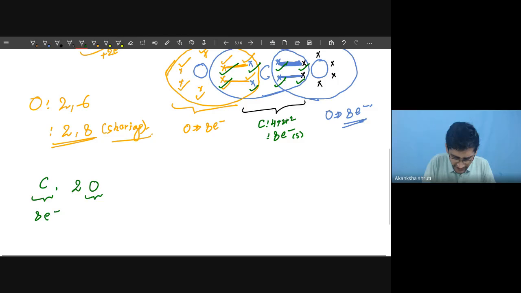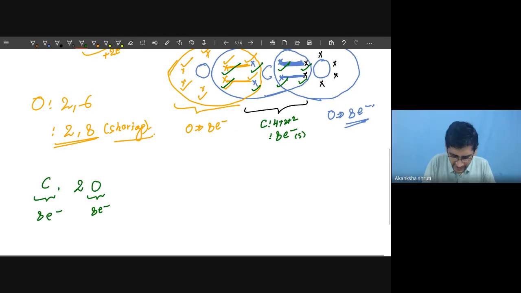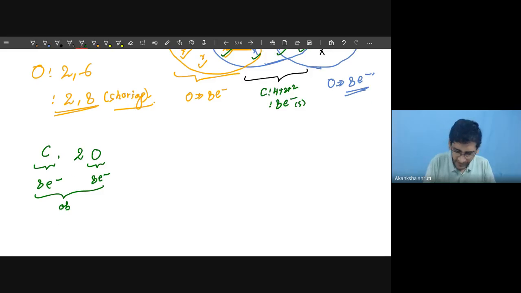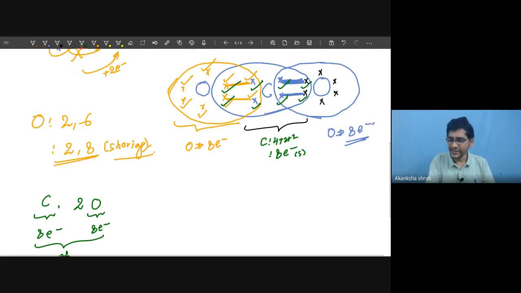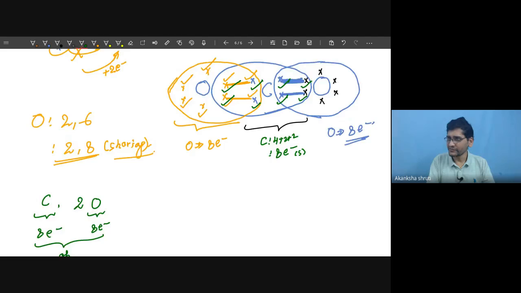Both of these oxygen also have 8 electrons, but these 8 electrons are obtained or achieved by sharing. Do not mean 8 electrons are shared. Carbon has shared its 4 electrons, 2 with one oxygen, 2 with the other oxygen.